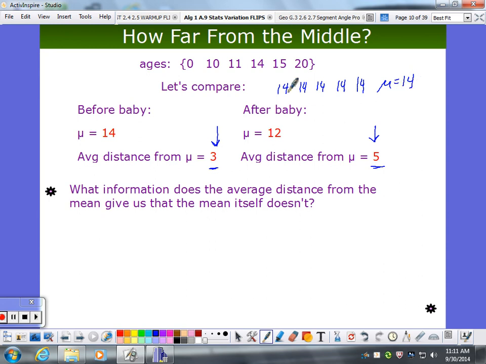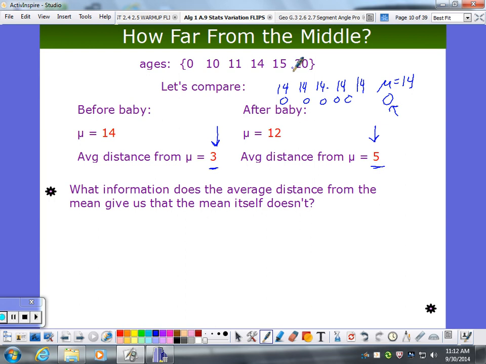What's the average distance from the mean for all of these? 14. Yeah. So what's that averaged up? 0. So are these numbers identical? Yes. A very small average distance from the mean says that the numbers are very close together. The bigger the number gets, the farther they are apart.